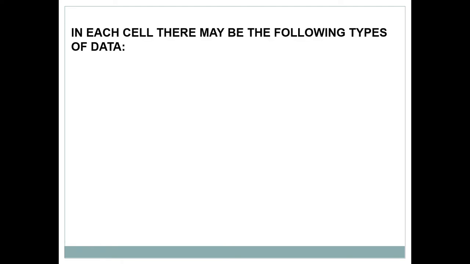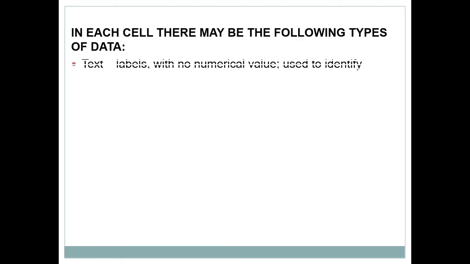Now, in each cell, there may be the following types of data. We can have text data, and usually when we're talking about text data, we're referring to labels. Column labels or row labels, and they're used to identify values. For example, if I have a column of employee ID numbers, at the top of that column I will most likely have a cell that says employee ID number.